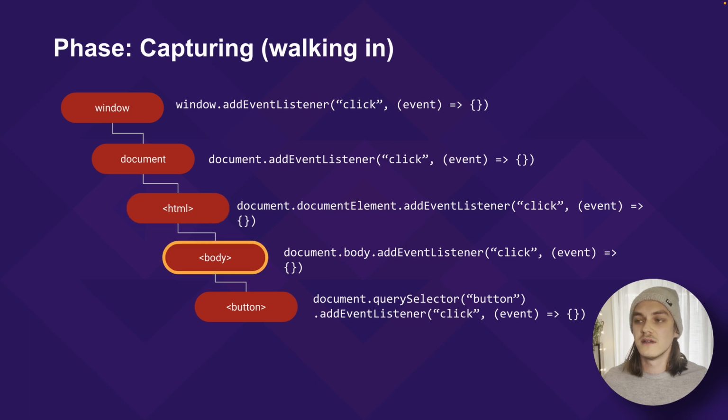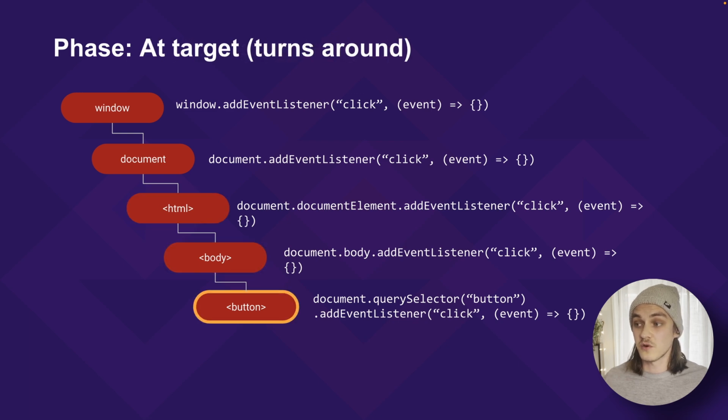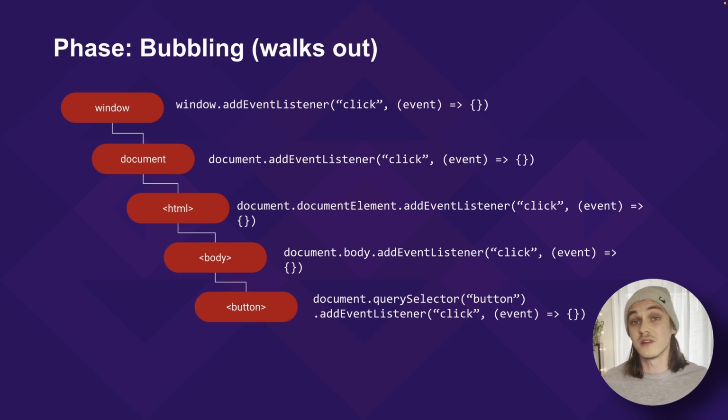Once we reach the target like before, we can see that this event listener function is invoked as expected. And on the way out during the bubbling phase, we will see that these attached listeners are actually invoked as expected. Why is this the case?